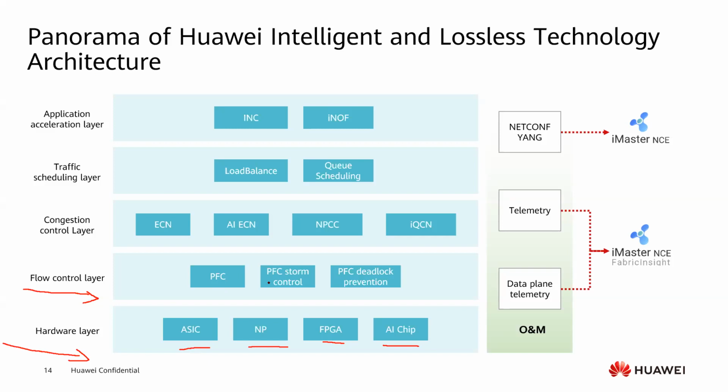We have some concepts: PFC, priority-based flow control, PFC storm control, PFC deadlock prevention. Then the congestion control layer: ECN, AI ECN, MPCC, IQCN. Then the traffic scheduling layer: load balance, queue scheduling. And the application acceleration layer. We use INC and iNoF, intelligent NoF.